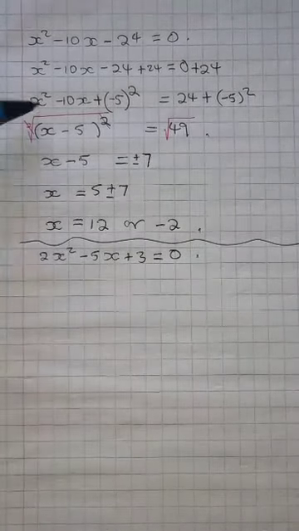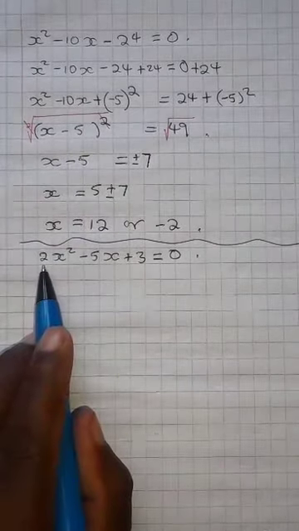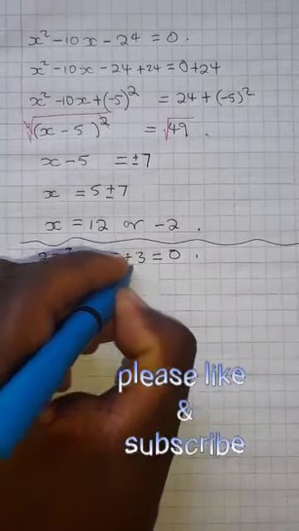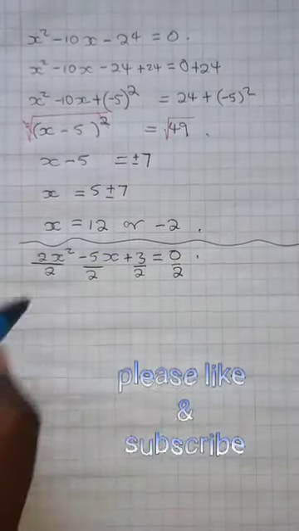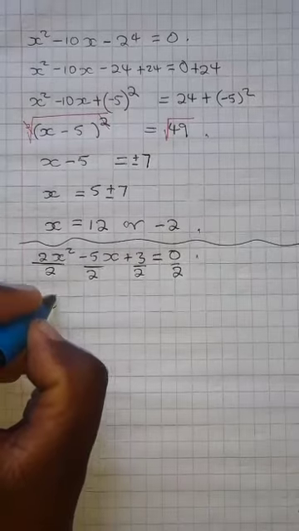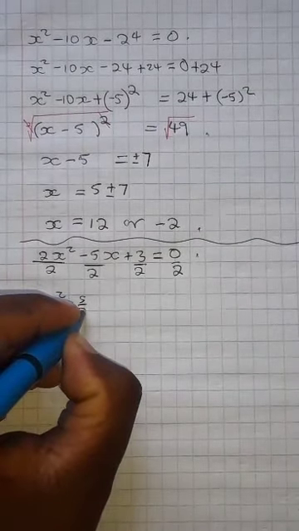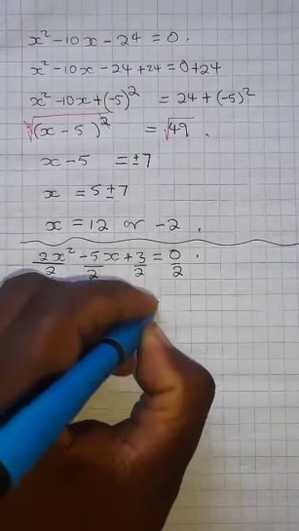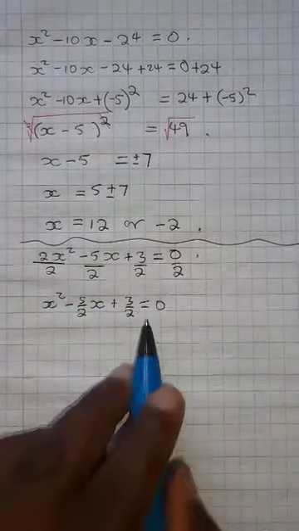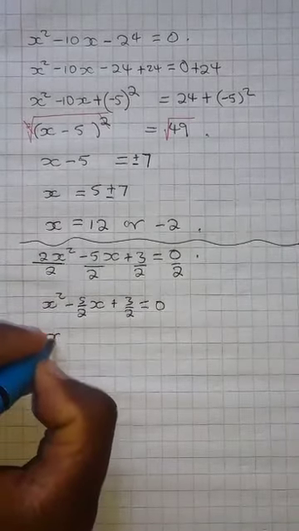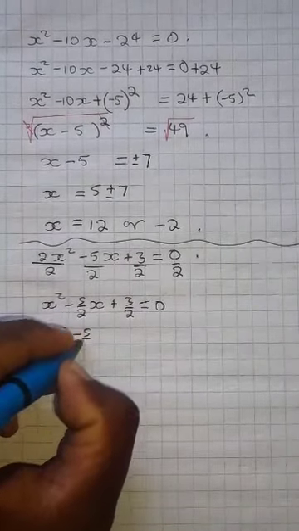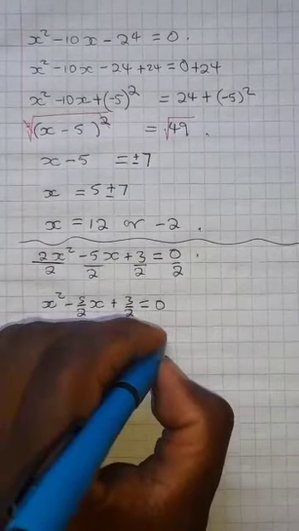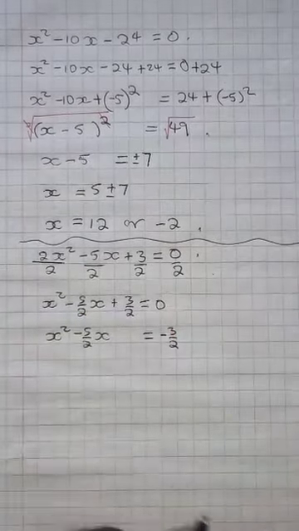Before we can do what we did earlier, we need to get rid of this 2 by dividing through by 2, and we're left with x squared minus 5 over 2 x plus 3 over 2 is equal to 0. Then we take the 3 over 2 to the other side: x squared minus 5 over 2 x is equal to negative 3 over 2.